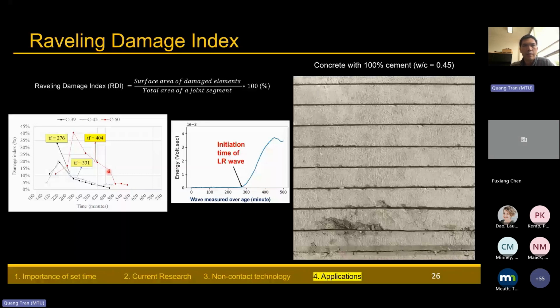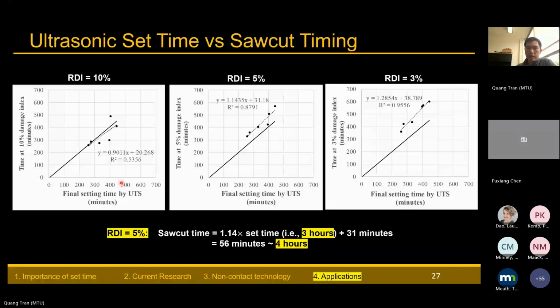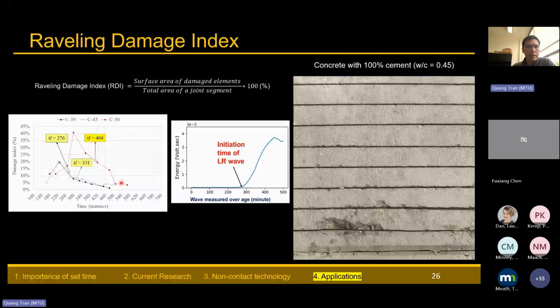Okay, so when we plot this plot, we want to predict the correlation between the set time and the time that we have some certain damage or intensity.